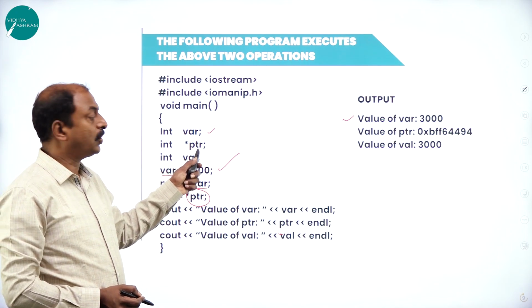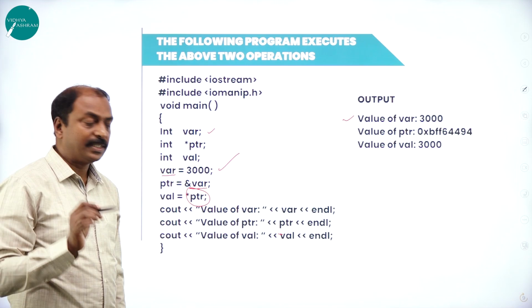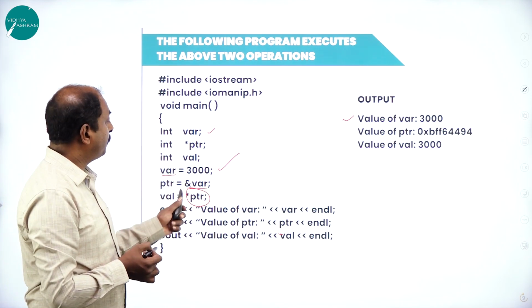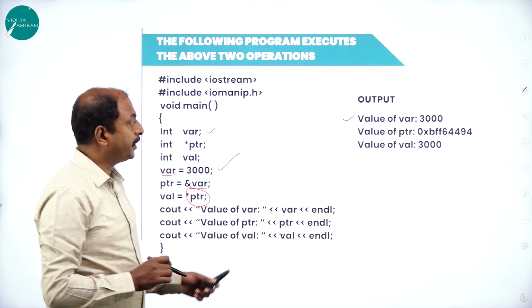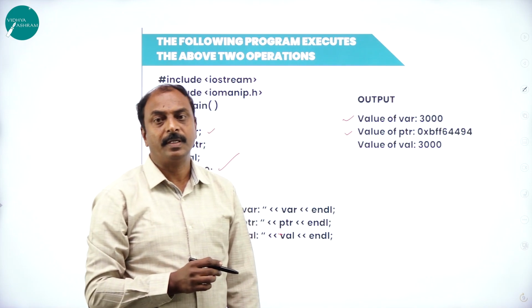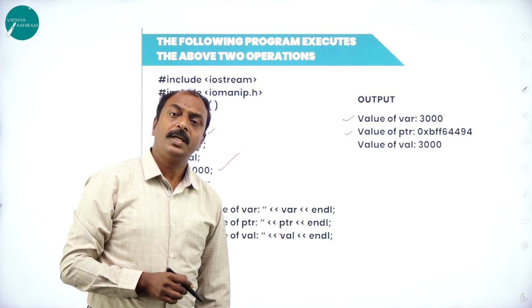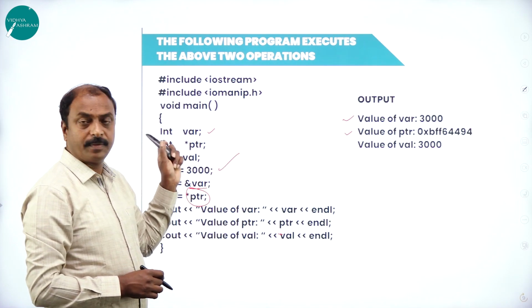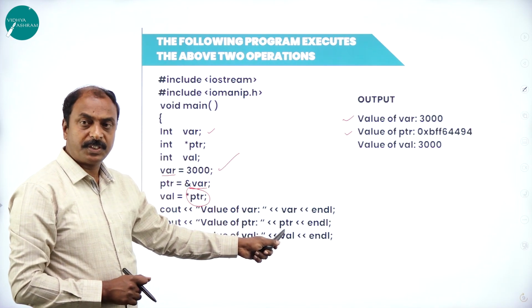It stores the address of var, because we have assigned the address of the variable to the pointer variable. It is supposed to print the address of the variable. So this is the output, and this is in the hexadecimal number system that we will not be knowing yet. So this is the address of the variable var. That is the output of this statement.